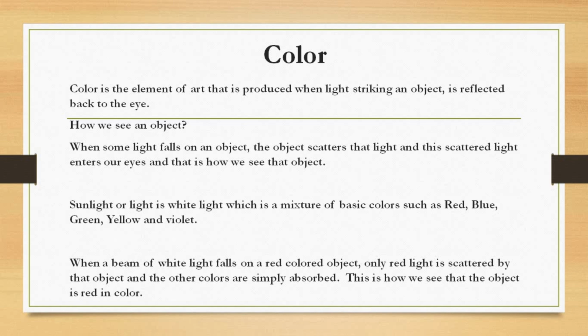As we know, sunlight is white light and this is a mixture of all colors. When a beam of this white light falls on a red colored object, only the red light is scattered by that object and the other colors are simply absorbed by it, and that's how we see that the object is red in color.